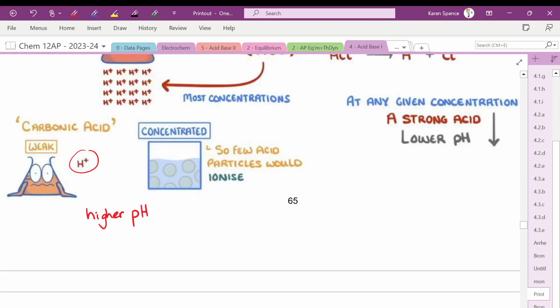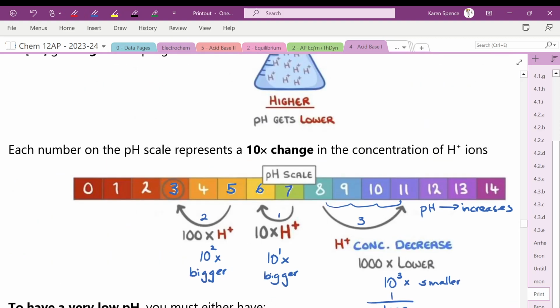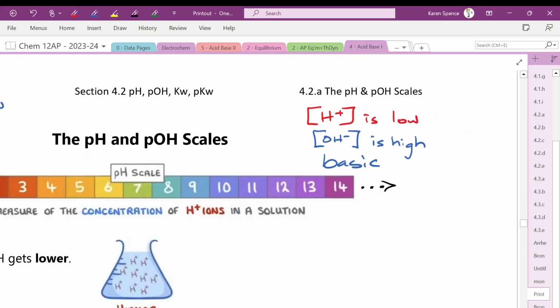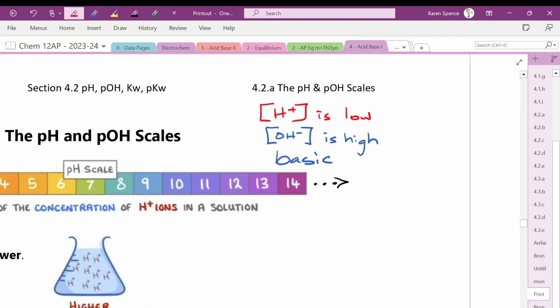Let's go look. Back here, we said that, let's say we're at pH 0, that means hydrogen ion concentration is high. If hydrogen is high, then hydroxide is low. And we'll find out exactly why that is very shortly. Okay? And if hydrogen is low, then hydroxide is high.